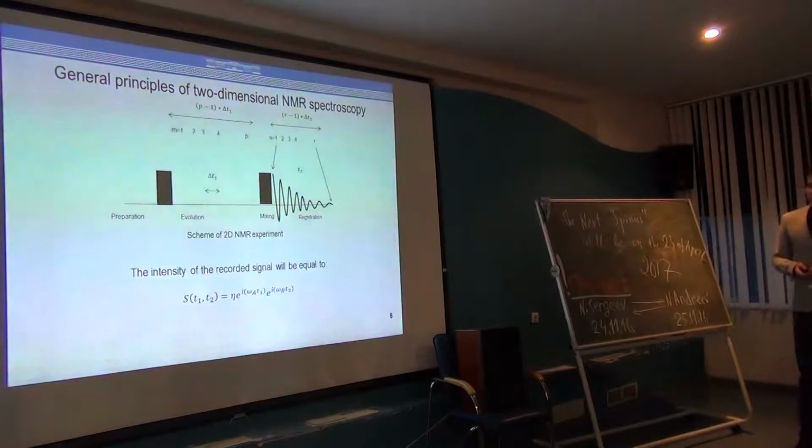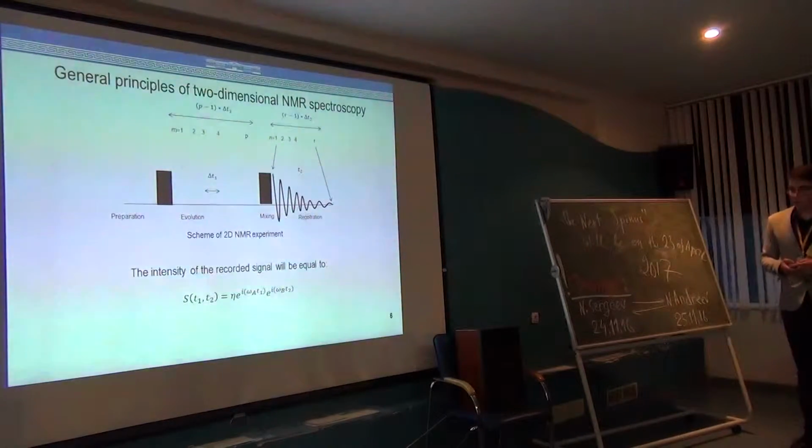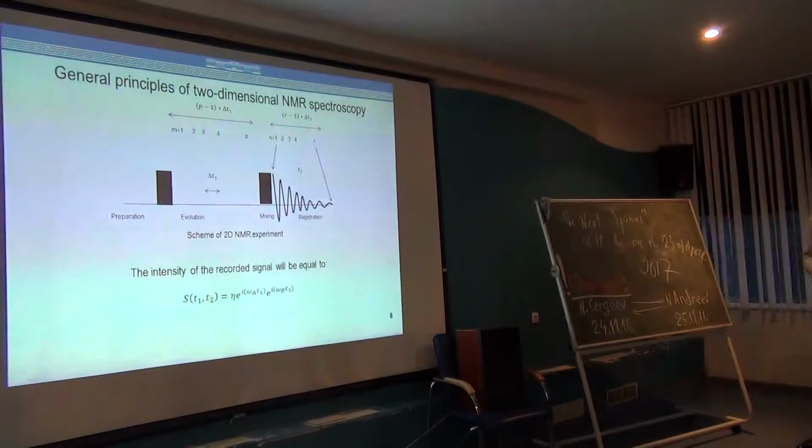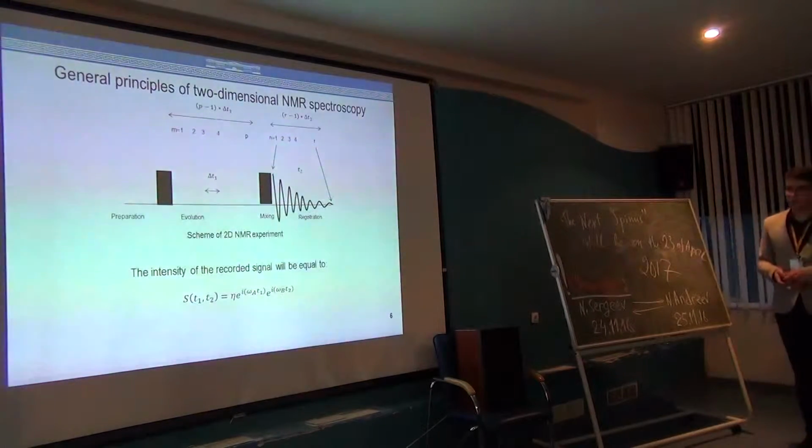However, as I previously said, we must use two-dimensional methods. They consist of two or more radio frequency impulses and periods between them. The first period is preparation, in which spins go to thermodynamic equilibrium.